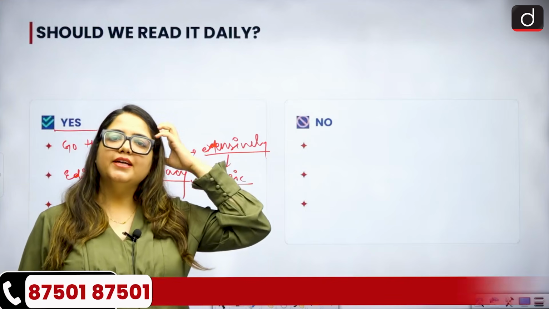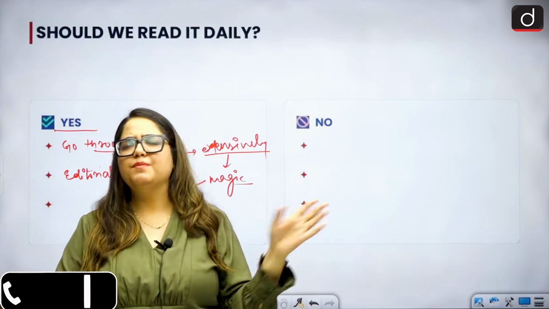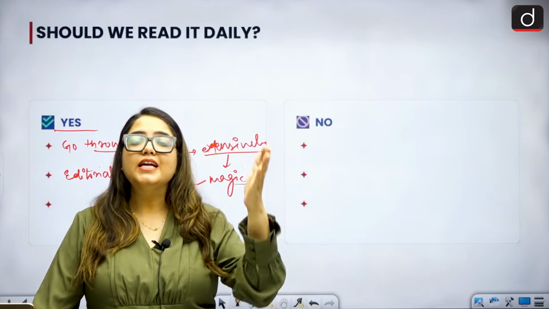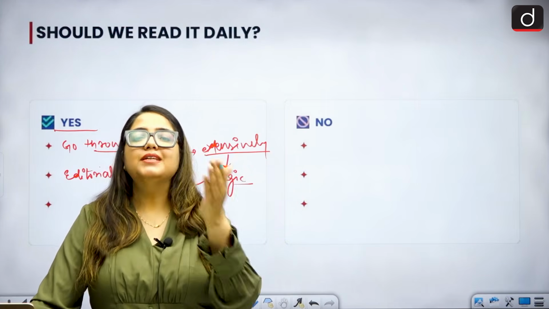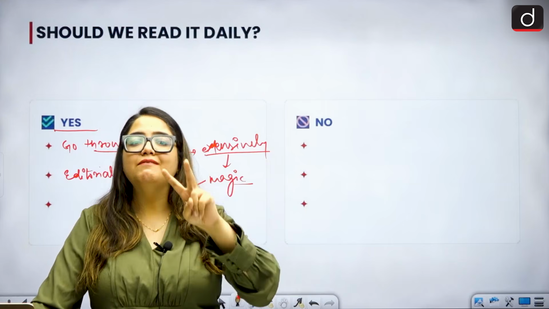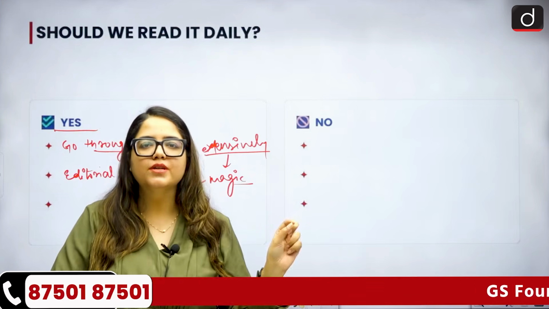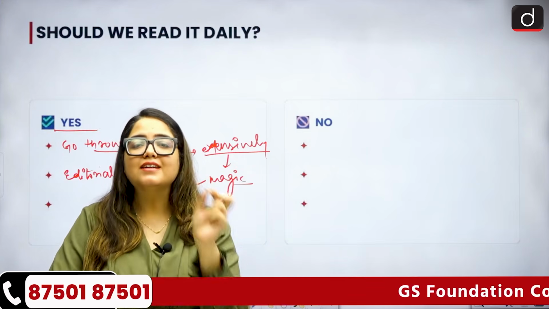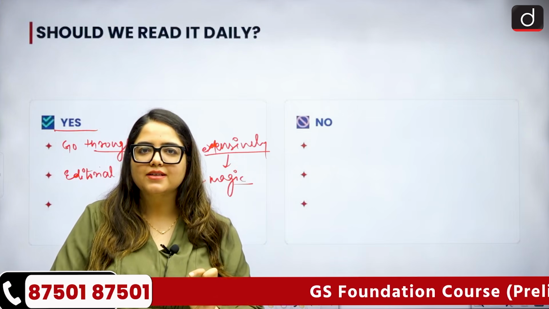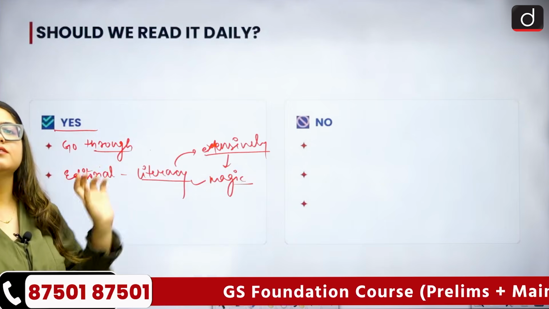Don't just blindly believe it when somebody says, oh, today's paper was of no use. It might not be of use to them, but it might be of use to you because your level of preparation is very different. There are no two students, no two people who have the exact same level of learning, right? So you might need it while others might not.